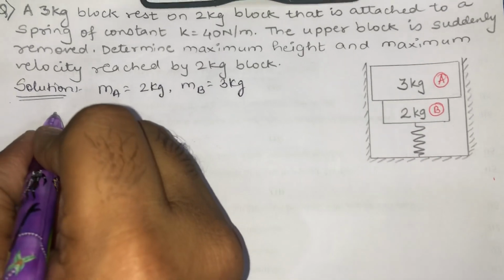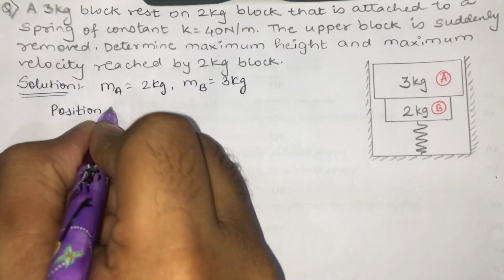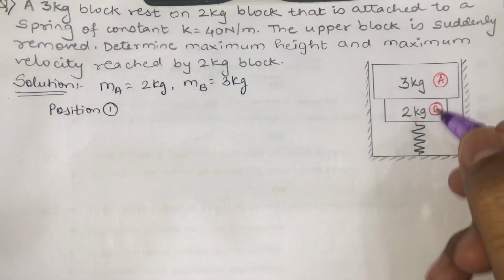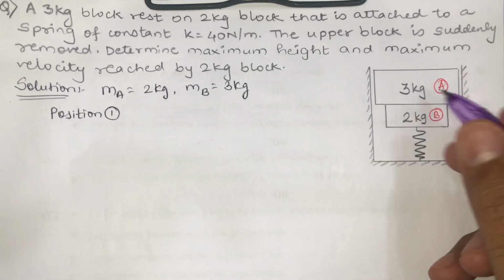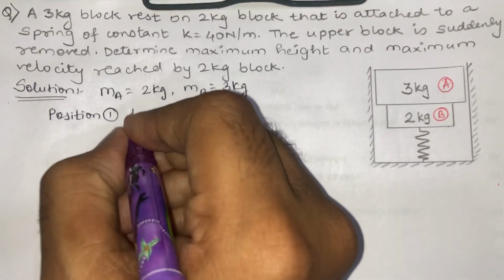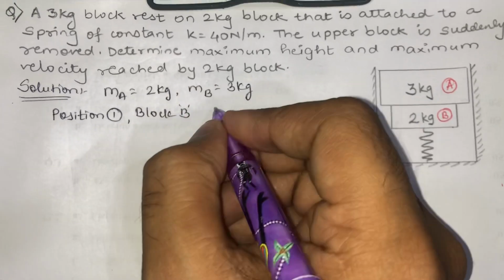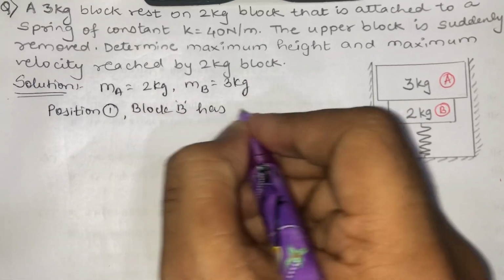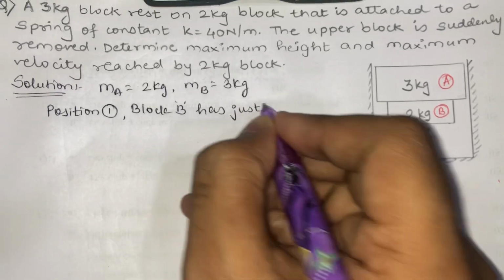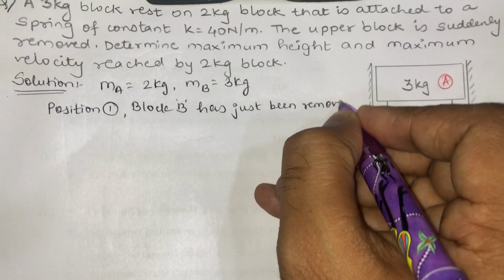Let's consider position 1 as right now. Consider this position as position 1. So position 1 defines that block B has just been removed.